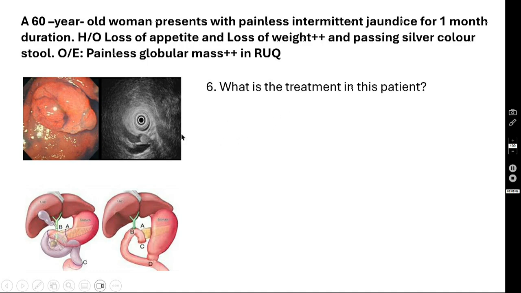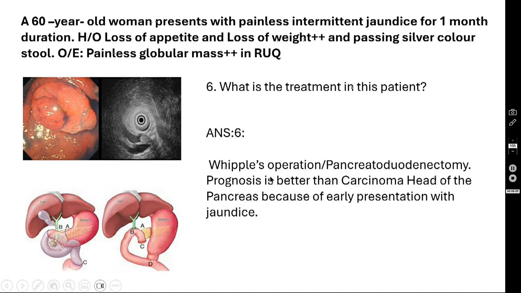Question number 6. What is the treatment in this patient? The correct answer is the same treatment as CA head of the pancreas. It is Whipple's operation or pancreato-duodenectomy.